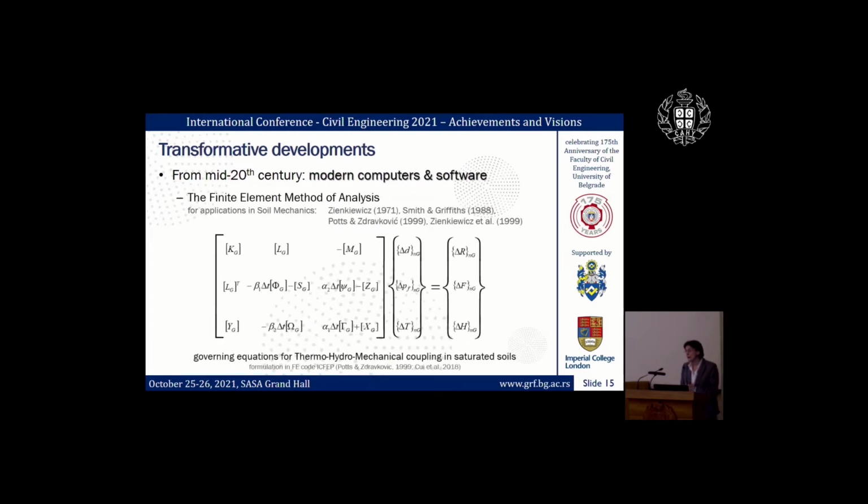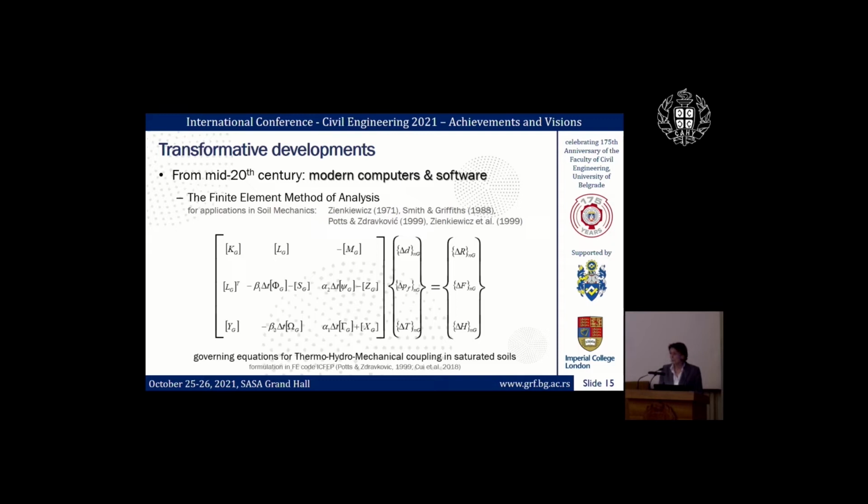Of course, none of these two advancements would have been possible if we still had to use those classical methods of analysis where we needed to treat the soil as a rigid material. So this would not be possible to use and advance anything that we have advanced up until today.